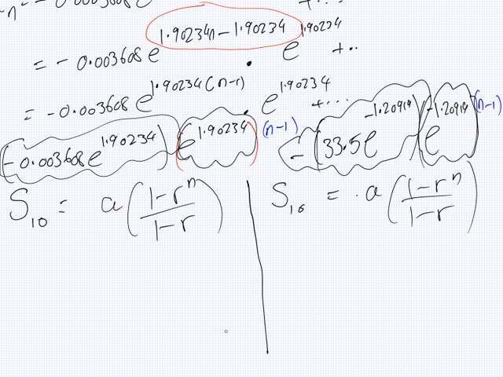So I'm going to write down what the A equals, what the R equals, for each. So A is minus 0.003608 times e to the power of 1.90234. So my A is minus 0.02418 and my R is e power 1.90234.